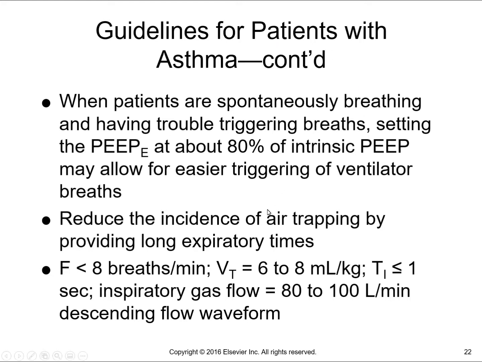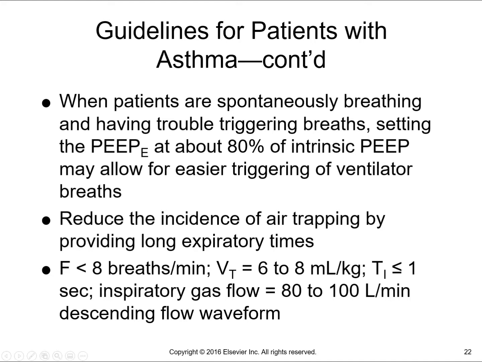easier. For asthmatics, reduce the incidence of air trapping by providing long expiratory times, which is another way of saying shorten your I time. Okay, and then your respiratory rate less than 8 breaths per minute, and your tidal volume 6 to 8, and your I time is going to be greater than 1 second. And then your flows are going to be much higher, 80 to 100.